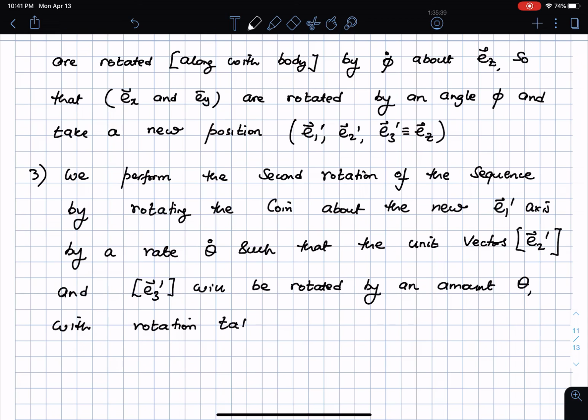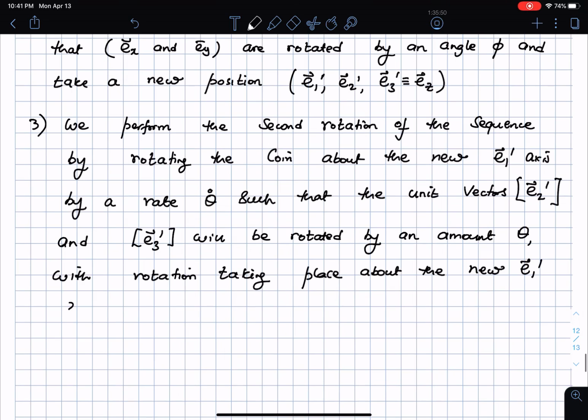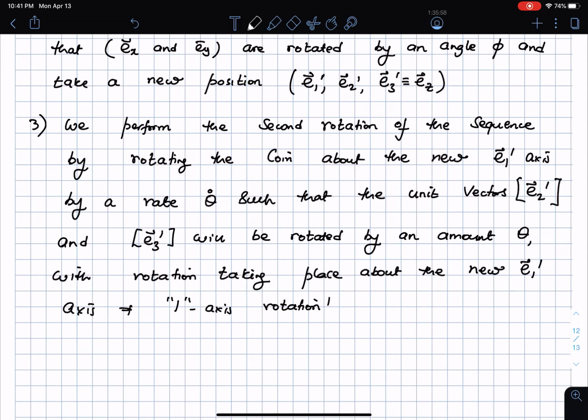And so this is called a one axis rotation.